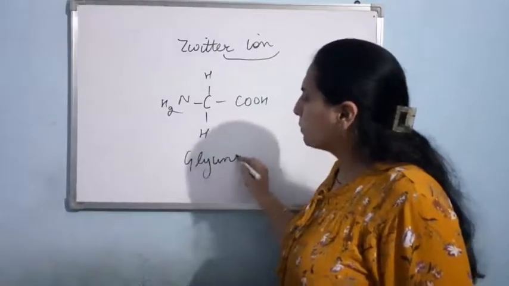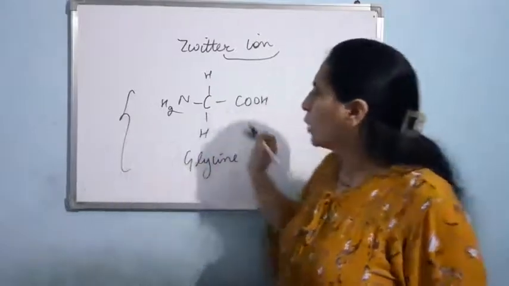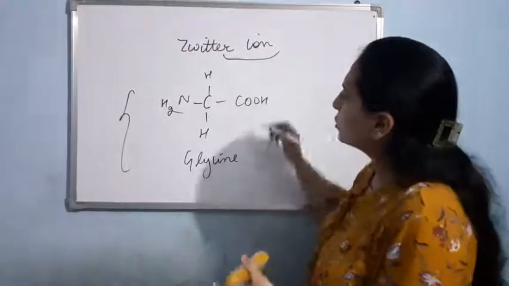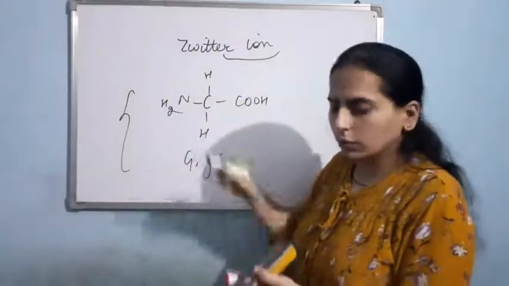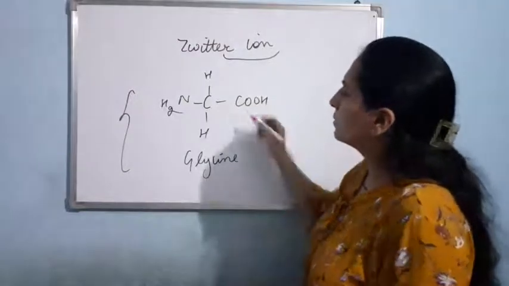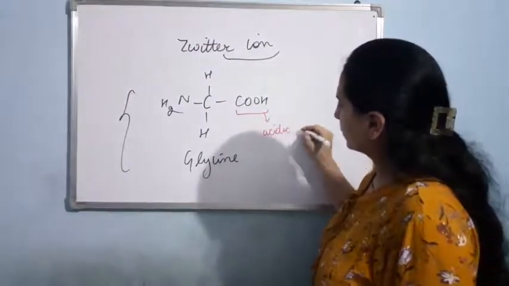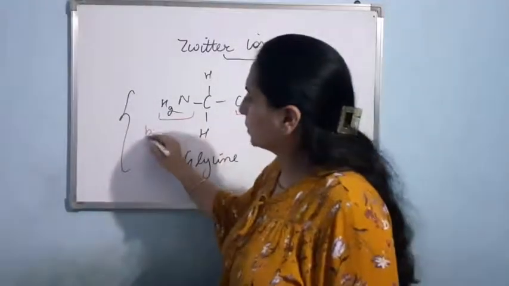This is the simplest amino acid. Clear? Now, what happens in Zwitter ion basically? As you know, this COOH is termed as the acidic group and this is the basic group.